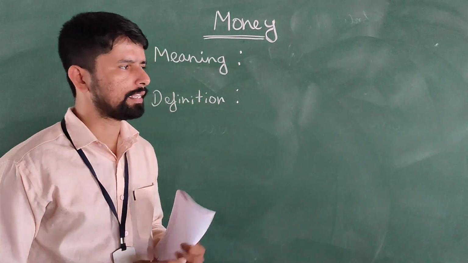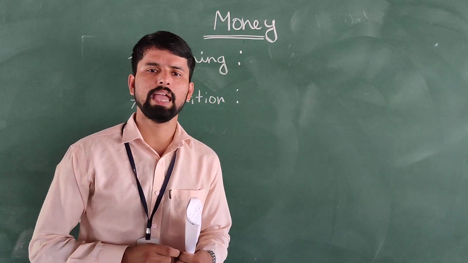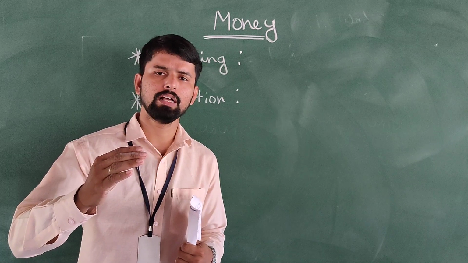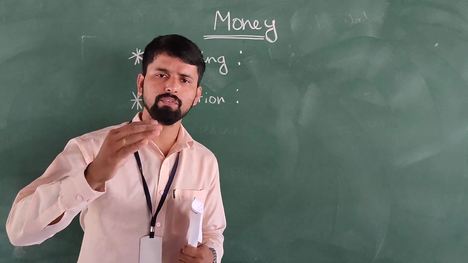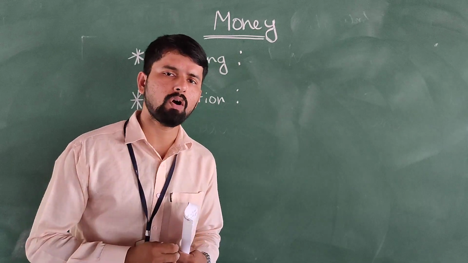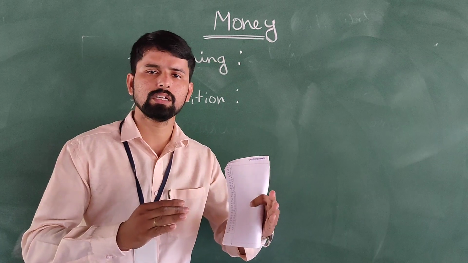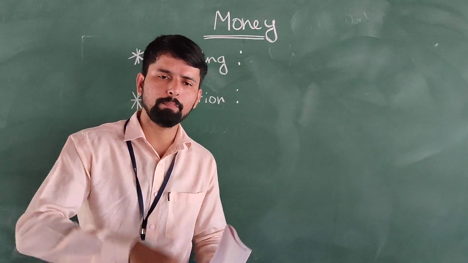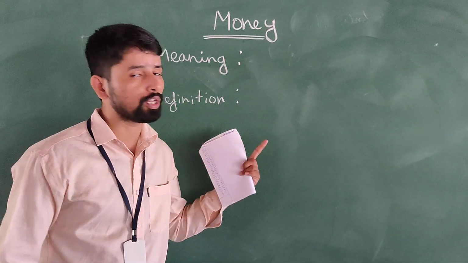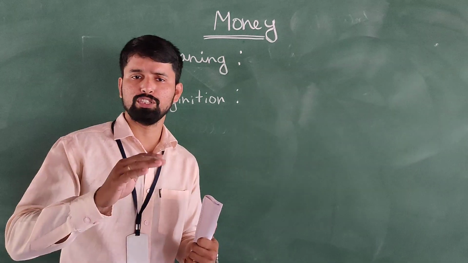That is the meaning economics gives: money can be defined as any object, any record, or anything which is in general use or generally accepted by all the people in the payment of goods and services and in the repayment of debt in a socio-economic manner.